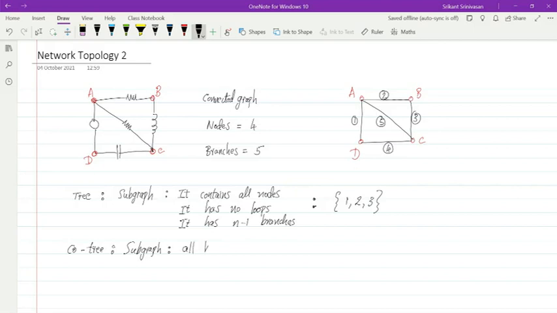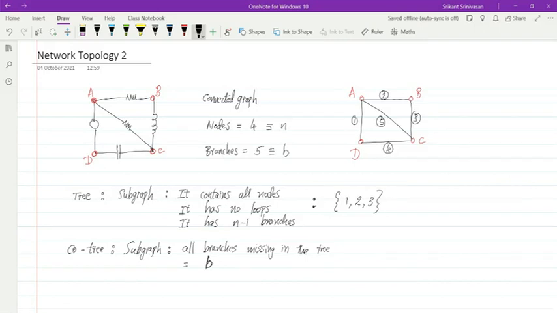All branches minus the tree, missing in the tree. So that is like your original graph, original branches. We said initially, let's call the number of nodes 4, that we denote as n, and the number of branches as b.